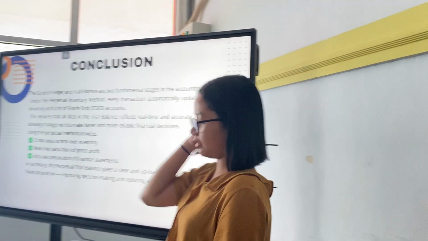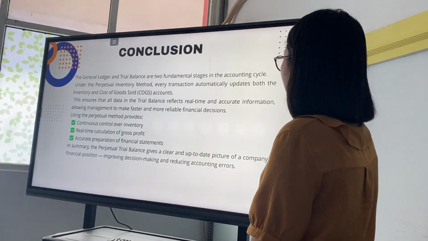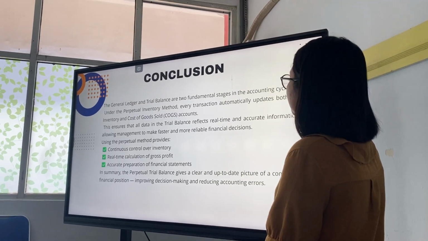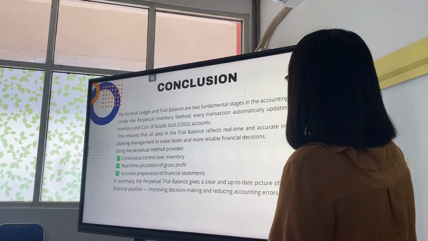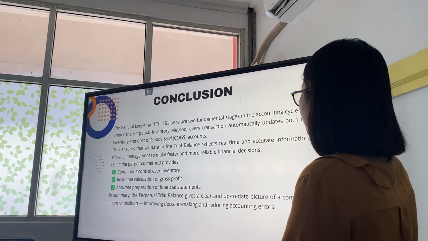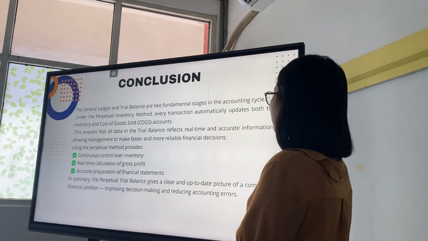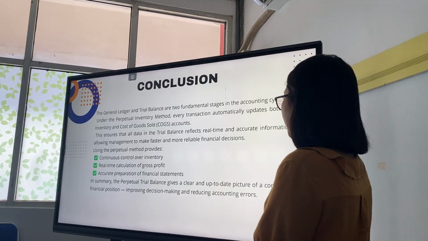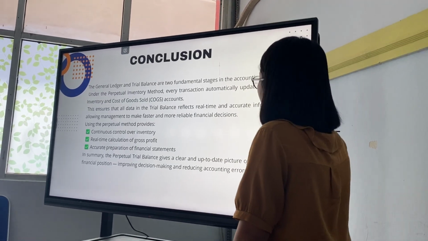And this is the conclusion. The general ledger and trial balance are two fundamental stages in the accounting cycle. Under the perpetual inventory method, every transaction automatically updates both the inventory and cost of goods sold accounts. This ensures that all data in the trial balance reflects real-time and accurate information, allowing management to make faster and more reliable financial decisions.